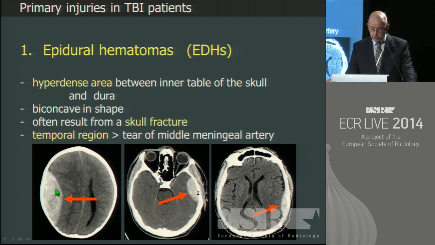They are usually biconcave in shape and often result from a skull fracture. So above the hematoma always look at the bone window for a skull fracture, and pay particular attention to the temporal region because the squama of the temporal bone is very thin. It's very likely to be fractured, and underneath there is the middle meningeal artery which can be injured.